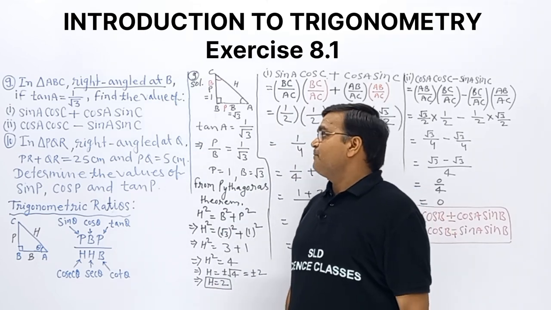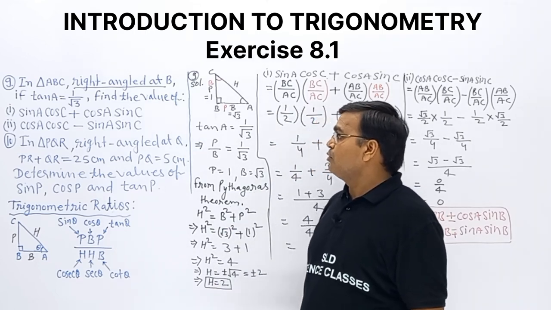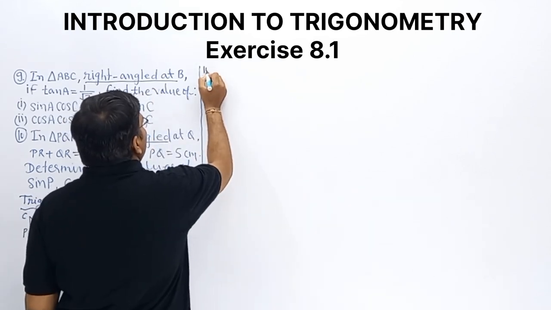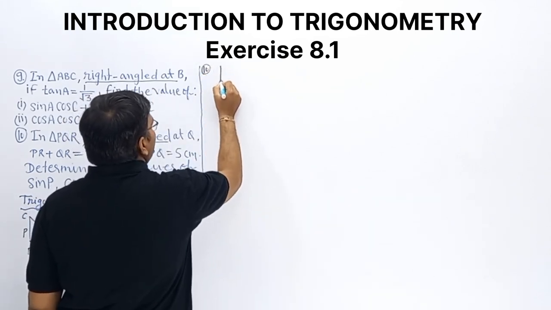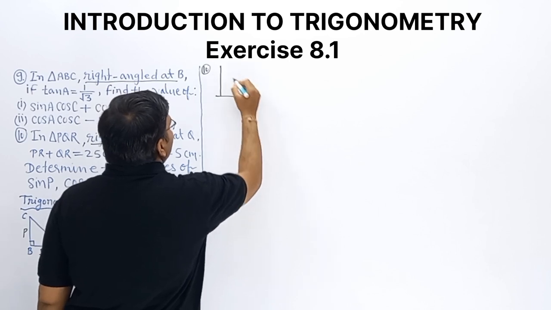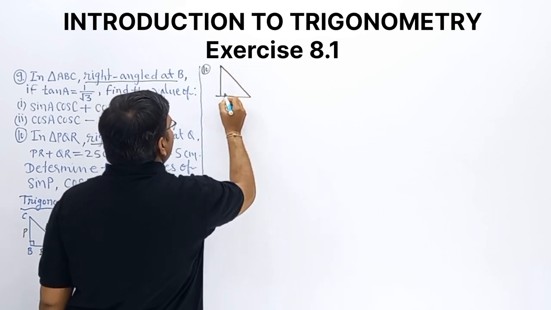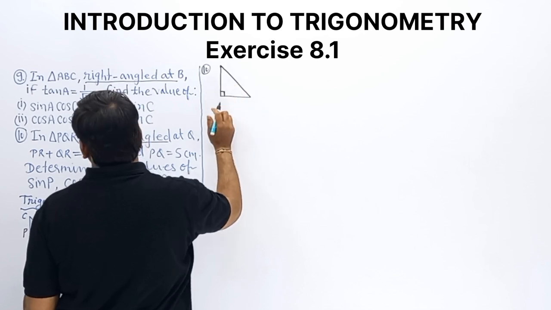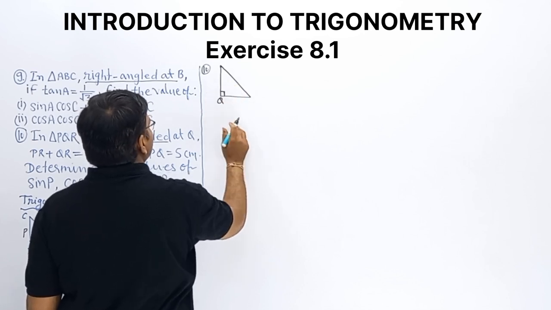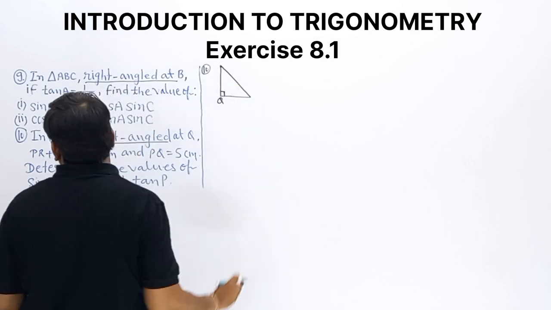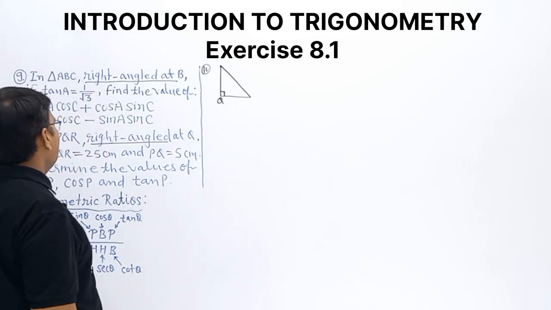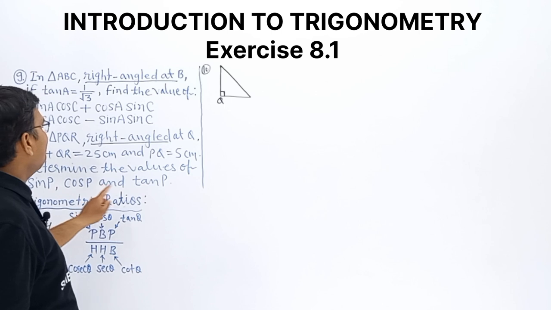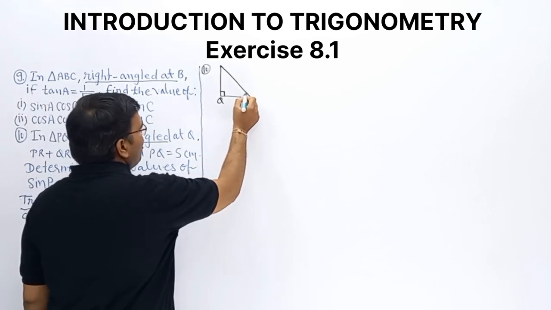Now the next question I am going to solve. We have one triangle. I am taking question number 10. We have one right triangle, and it is right-angled at Q. We want to determine the values of sin P, cos P, tan P. So P will be the acute angle.